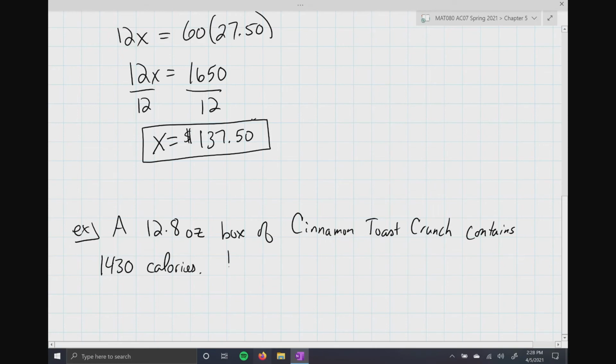How many calories are in a 1.2 ounce serving?